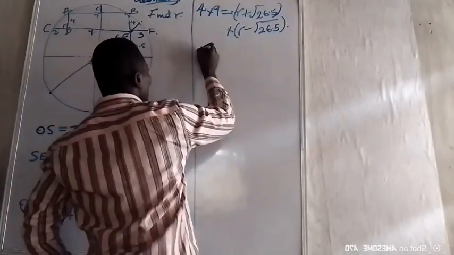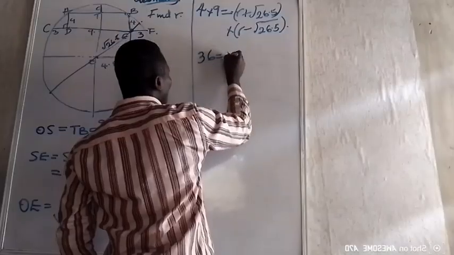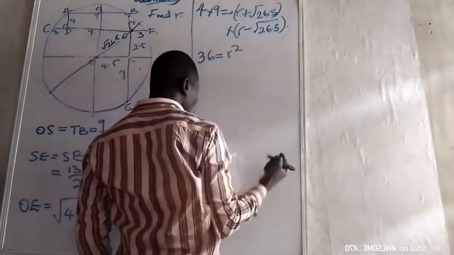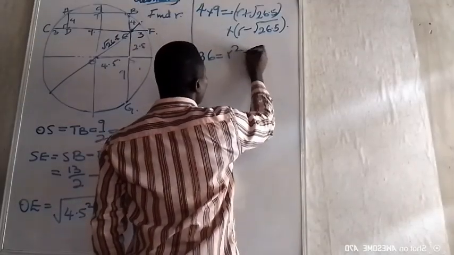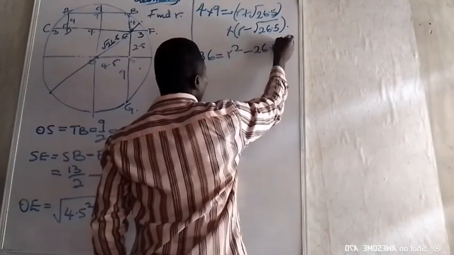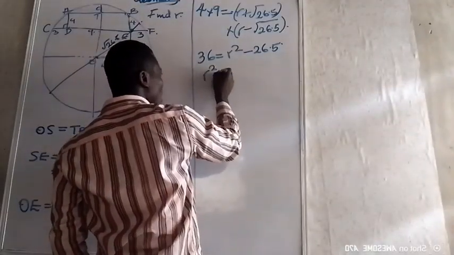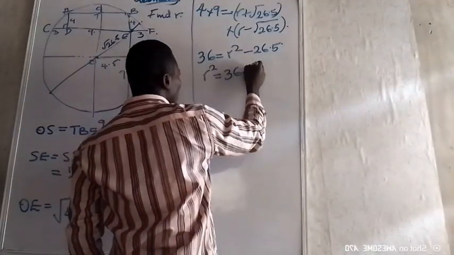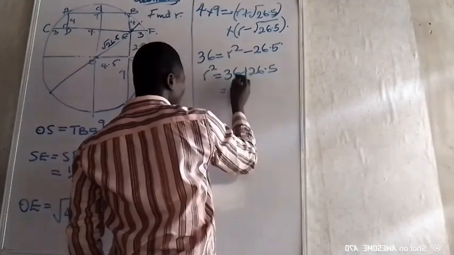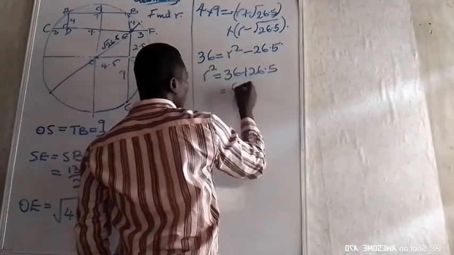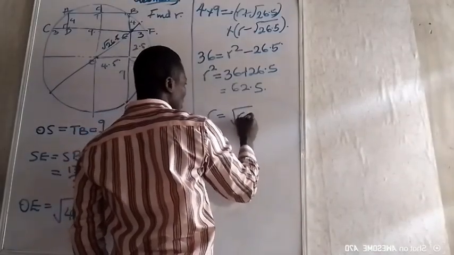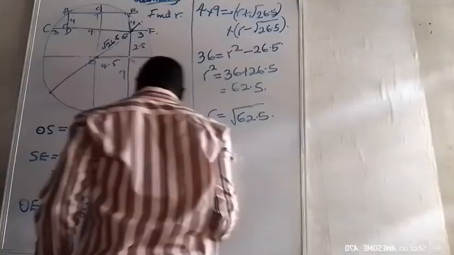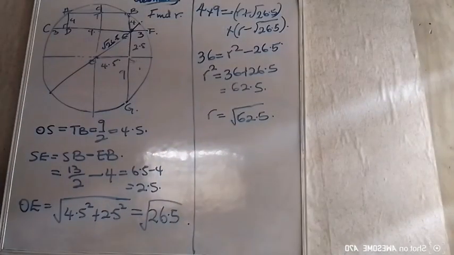So we have 36 is equal to r squared minus root of 26.5 multiplied by root of 26.5. That's going to be minus 26.5. So r squared is equal to 36 plus 26.5, which is 62.5. Therefore, r in this instance is equal to square root of 62.5. That is another valid way to look at it.